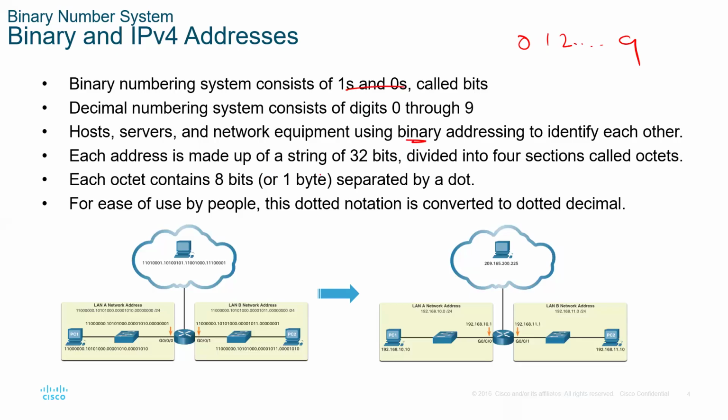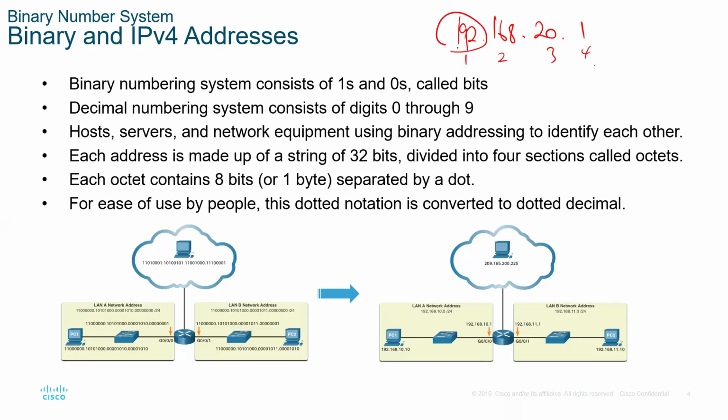Each address is made up of 32 bits. You see that the IPv4 address, the IP address in short, is made up of 32 bits. So it has 32 ones and zeros divided into 4 sections called octets. If the IP address is 192.168.20.1, this is octet 1, 2, 3, 4.